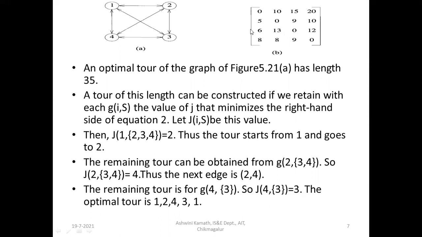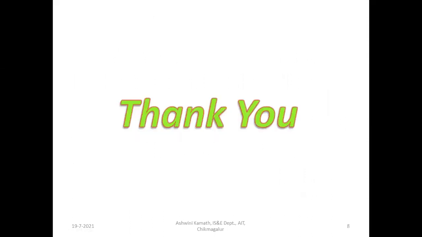Then 4 to 3 is 9, so 29. Then 3 to 1 is 6. 29 plus 6 is equal to 35. That is the optimal tour which we have got for the given problem.